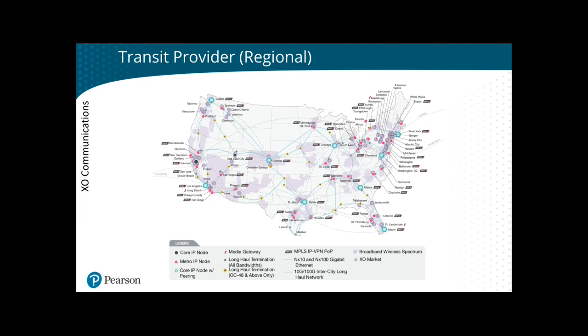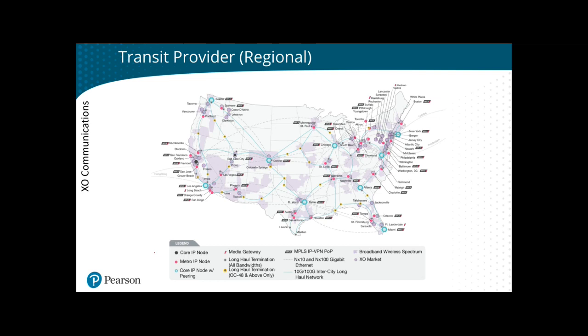There are more regional transit providers like XO, which tends to operate only within the United States. Regional providers will tend to have a denser connectivity within the region they serve. So you can see XO has a lot more connectivity than Cogent does just within the United States.